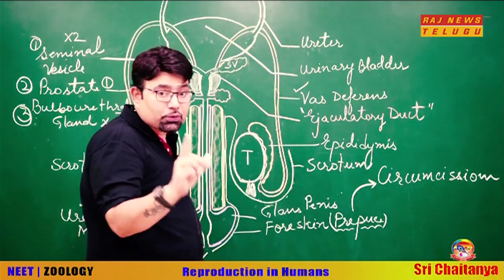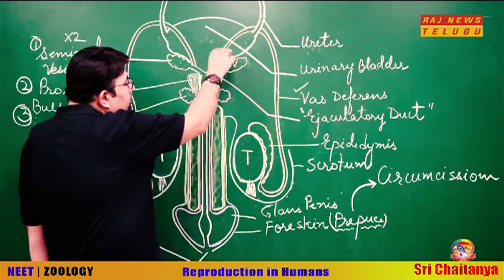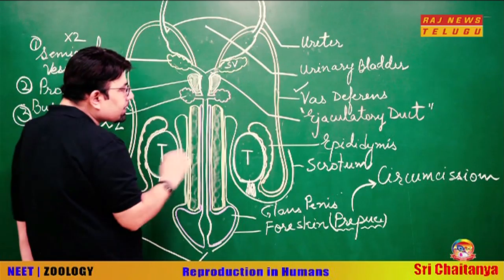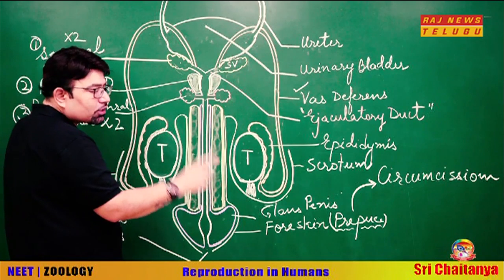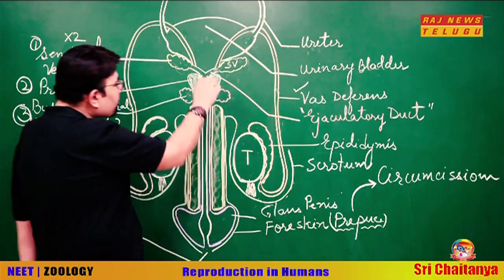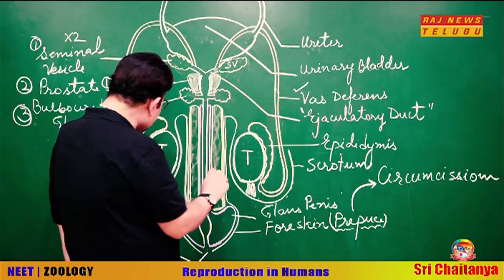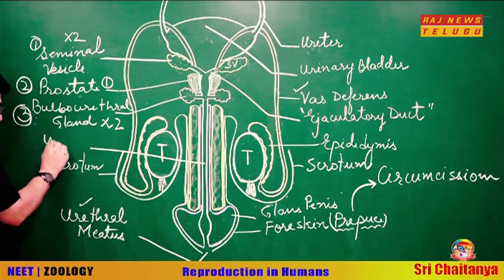Very, very important question, ejaculatory duct. This is formed by the merger of vas deferens and the duct of seminal vesicle. And another question, where does the ejaculatory duct open? Yes, it opens in the urethra. Very, very important, not to forget, this complete is the urethra.